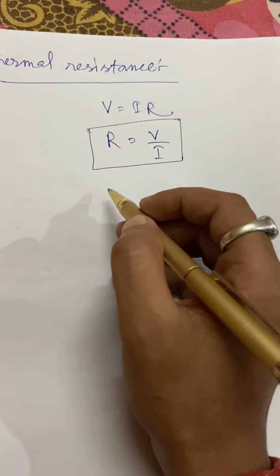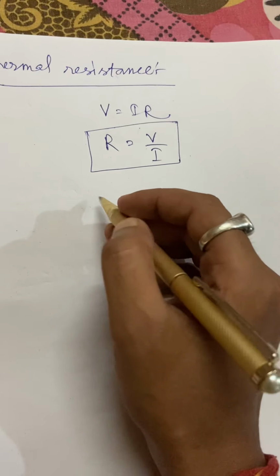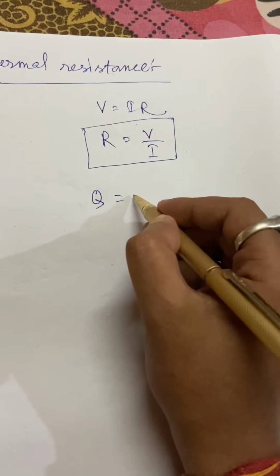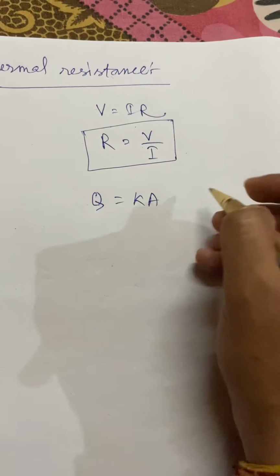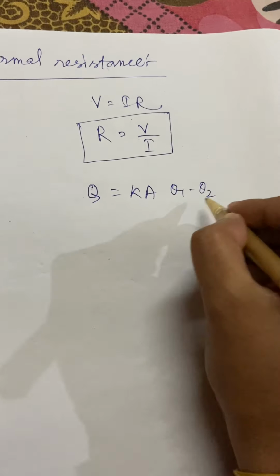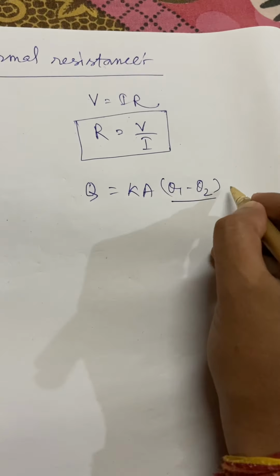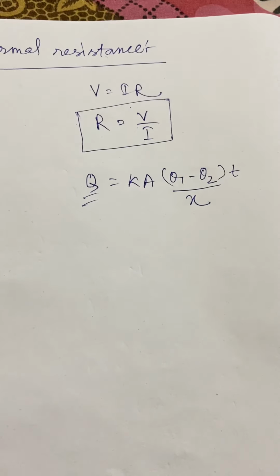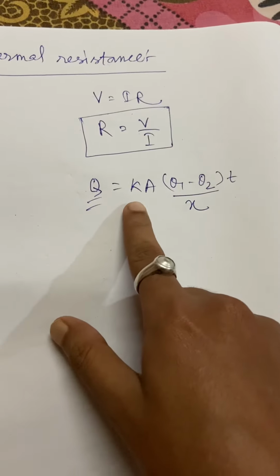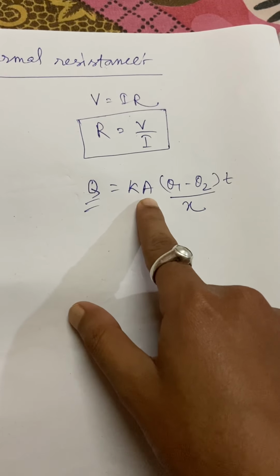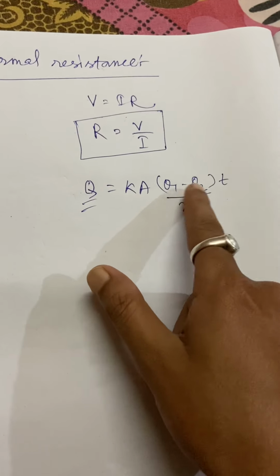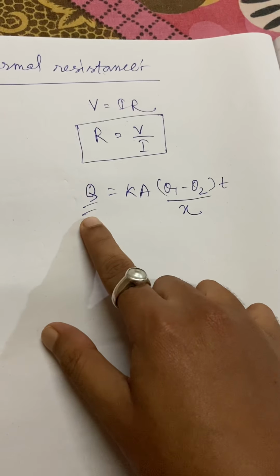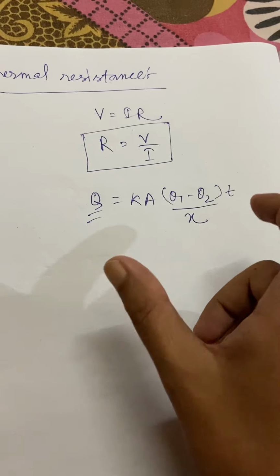So already we know the equation for heat conduction in a solid, and this is expressed by this equation: Q equals Ka (theta 1 minus theta 2) T divided by X, where Q is the heat flown, K is the thermal conductivity, A is the cross-sectional area perpendicular to the heat flow, theta 1 and theta 2 are the temperatures at the two end points, T is the time for which the heat flows, and X is the distance between the faces.